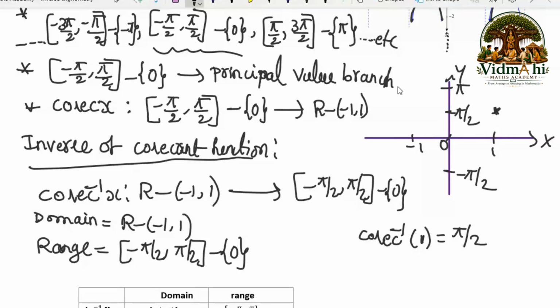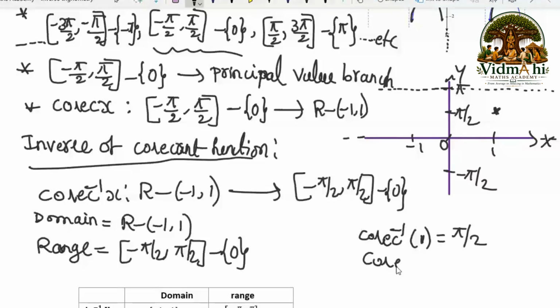Before that, first we have to consider the dotted line at 180 because that is excluded, and 0 is also excluded. Now, okay, cosec inverse of 1 is pi by 2 and cosec inverse of 2.